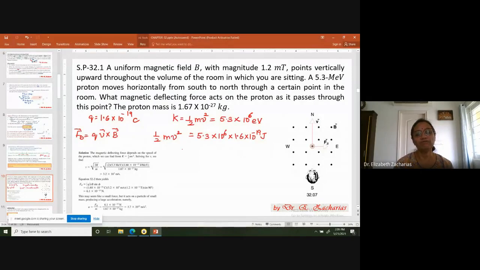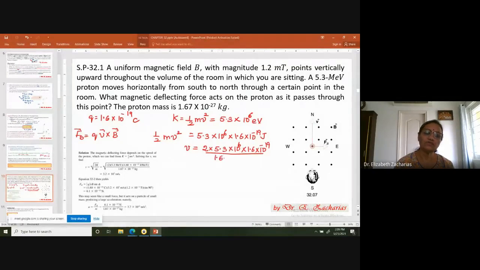So I want my V. So what will be my V? V squared will be equal to 2 times 5.3 into 10 to the power of 6 into 1.6 into 10 to the power of minus 19. So this 2 I took there. M I have to bring to the denominator. What is the mass of a proton?